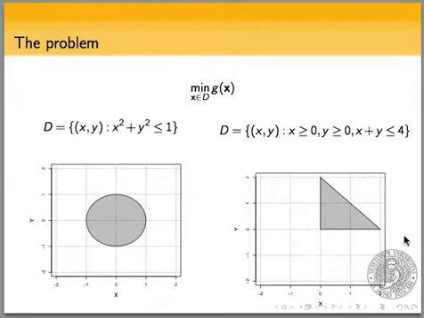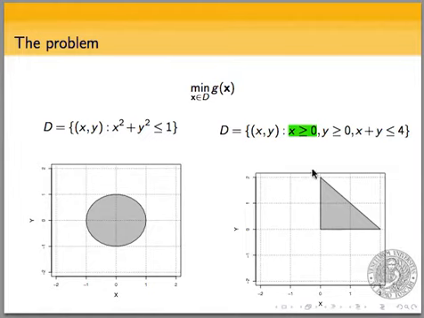There are constraints which are simpler. For example, if you use only linear functions of x and y, then you can have other constraints. For example, if you assume that your feasible domain is described by x bigger or equal than 0, y bigger or equal than 0, and x plus y smaller than 4, then you end up having this sort of piecewise linear domain.